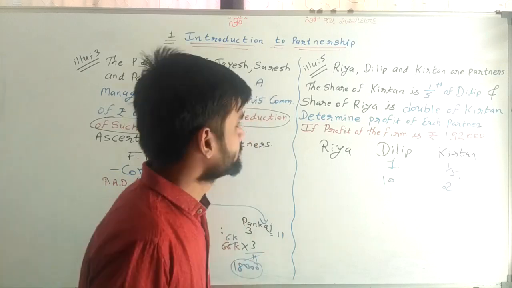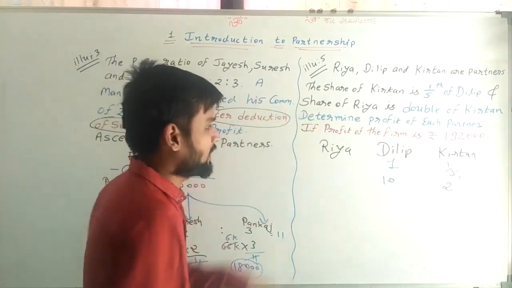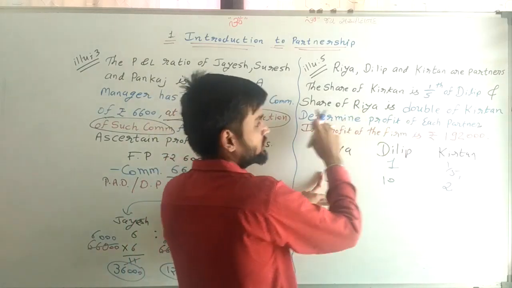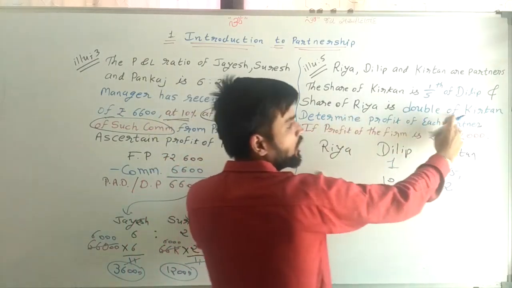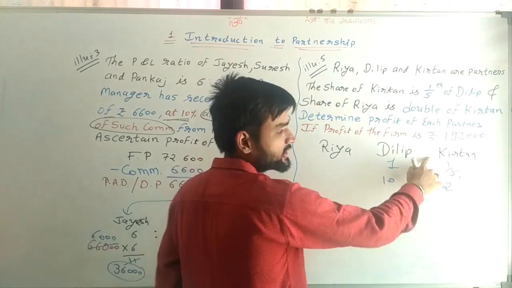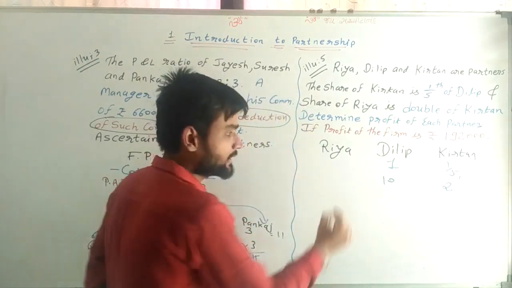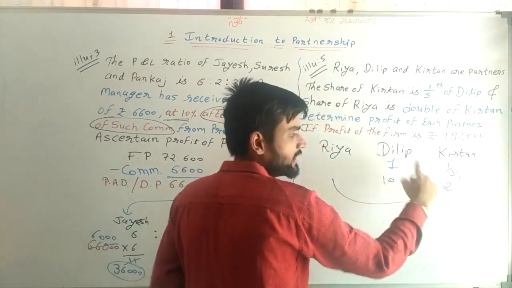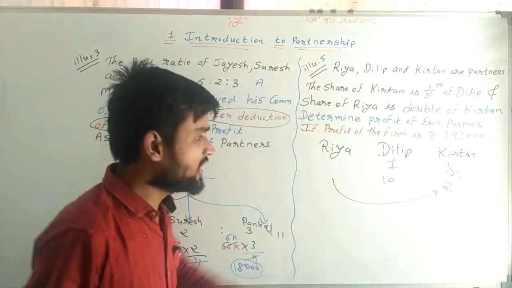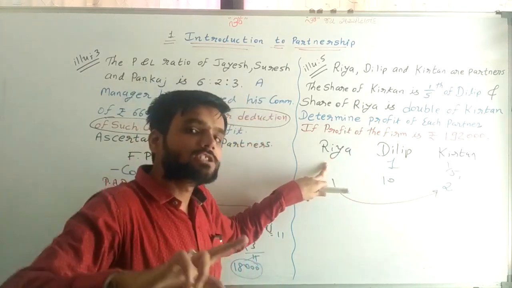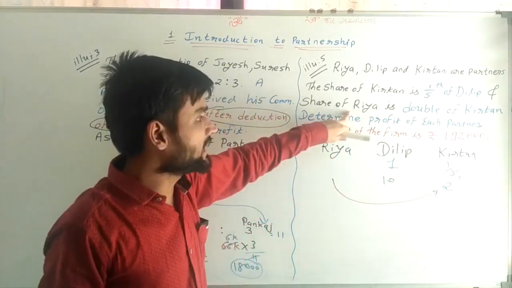Now going ahead, the share of Riya. Now talking about Riya. Share of Riya is double of Kirtan. Riya's profit is compared directly with Kirtan's profit. If Kirtan's profit is 1/5, then Riya's profit is double of that.